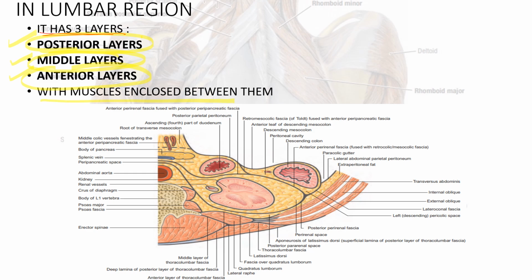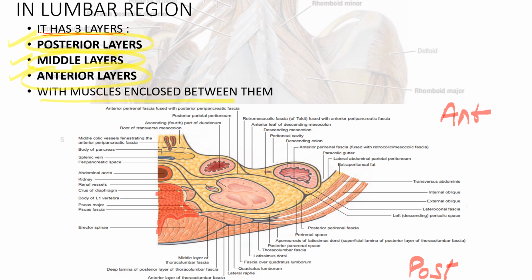They will enclose the muscles. This cut section is a transverse section at any lumbar area. You can appreciate this structure. This is the vertebra. Students, you can imagine any lumbar vertebra, L1, L2, L3, L4. So this is the vertebra. This area is the posterior side and this is the anterior side.